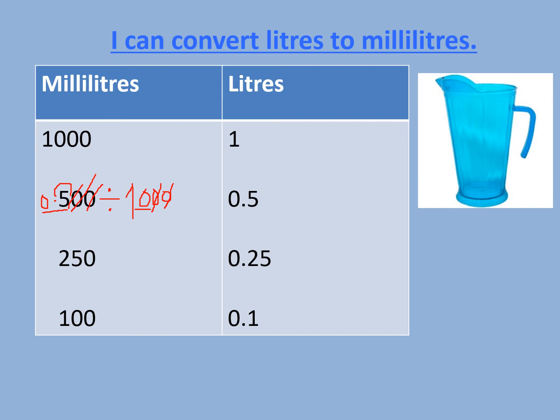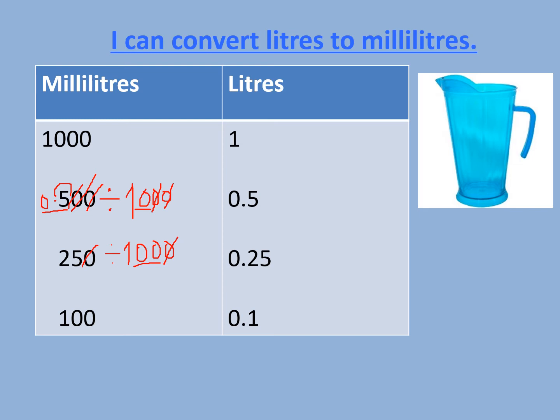Okay, now 250 divided by 1000 milliliters. Remember, we always divide when converting from milliliters to liters. So we are going to divide 250 by 1000, and we cancel our 0 from 1000. We cancel the next 0 from 250. How many zeros do we have left in 1000?